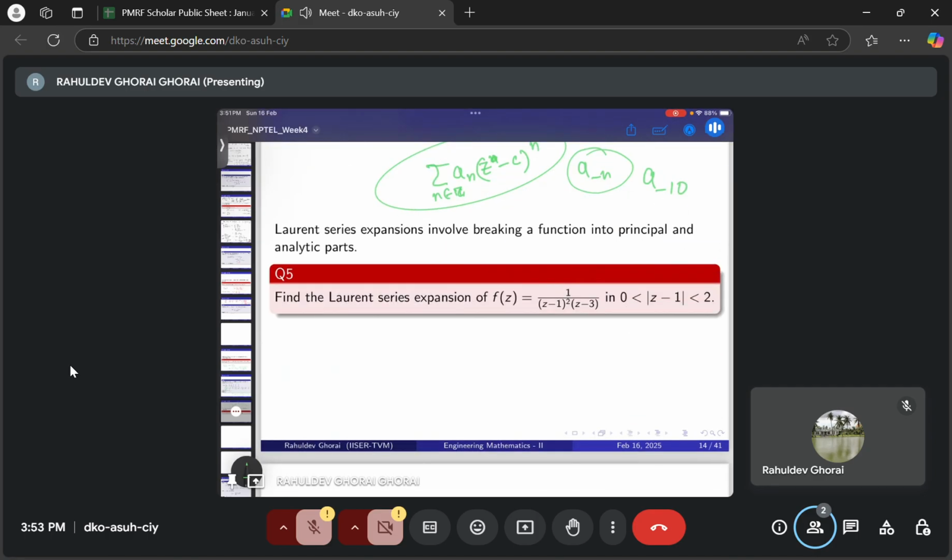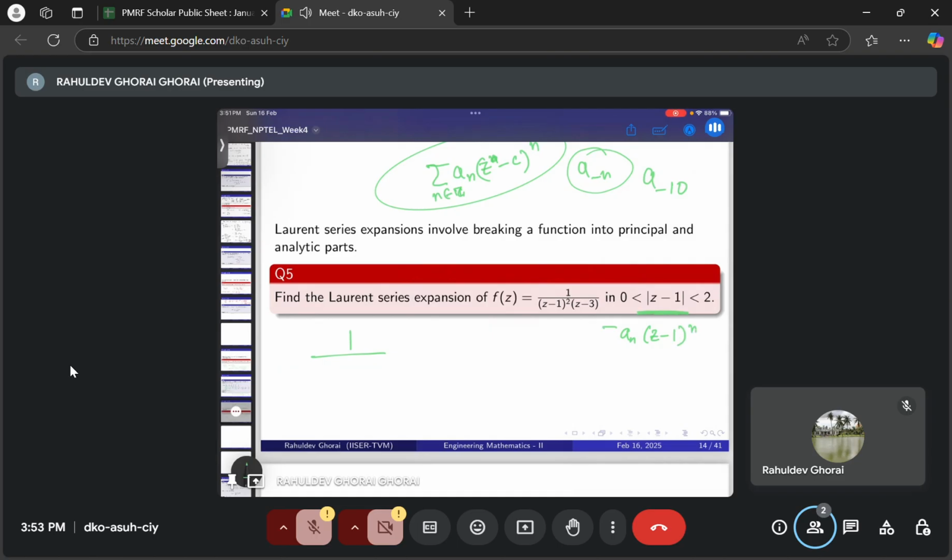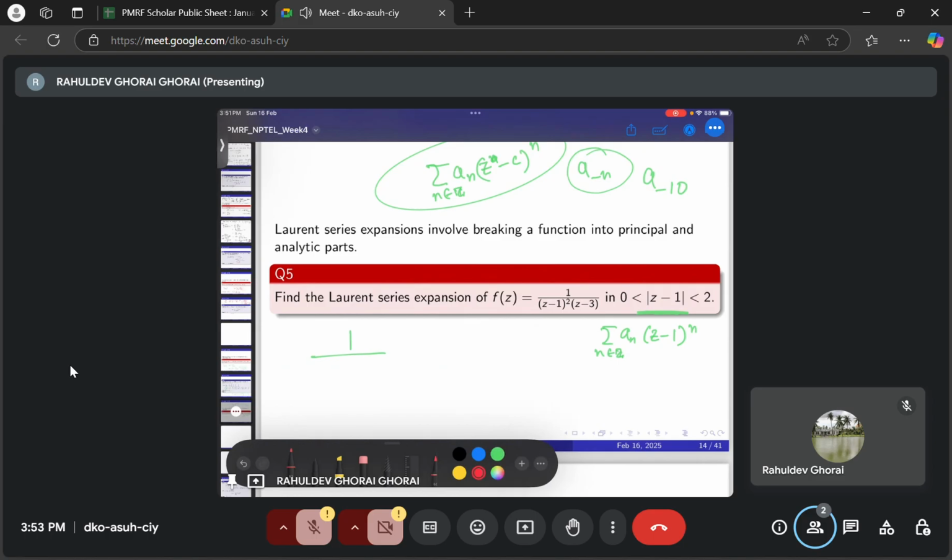So first of all, you need to find it in the neighborhood of the point 1, right? So when you have a neighborhood of the point, you mainly need to find (z minus 1) to the power n, where n belongs to Z. So our aim will be to find this one, right?